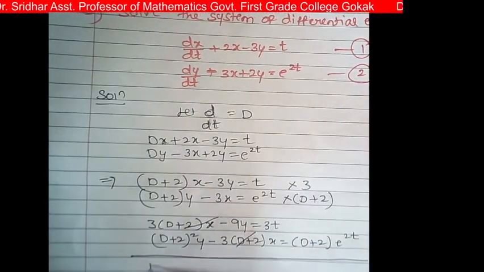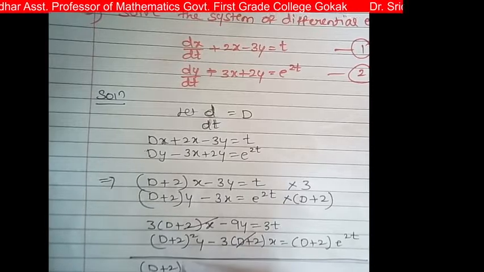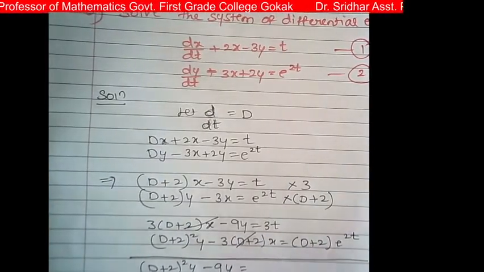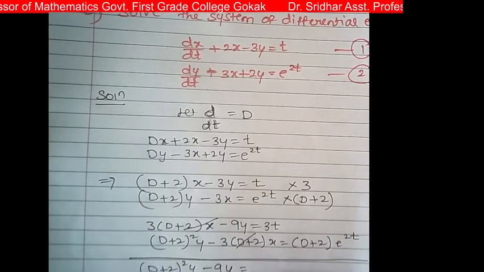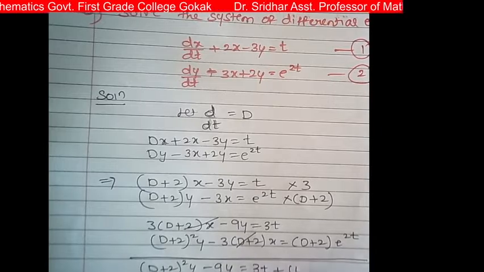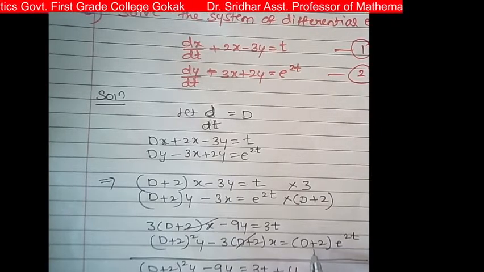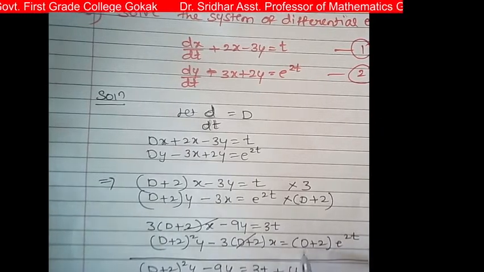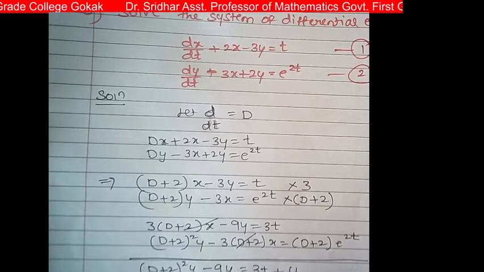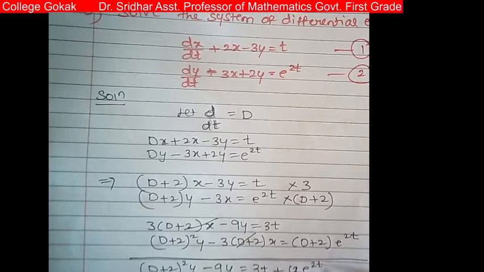And we obtain (D plus 2) whole square y minus 9y is equal to 3t plus (D plus 2) operated on e raised to 2t. So D means differentiation. So D of e raised to 2t means 2 into e raised to 2t.